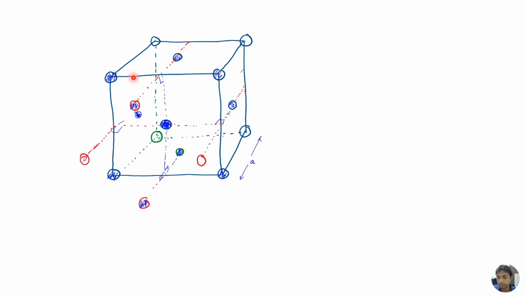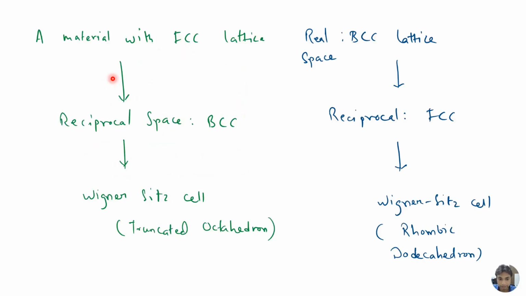We are not specifying what these locations are. They can be reciprocal space lattice points or real space lattice points. When we say real space lattice points, these will be the coordinates of some real atoms. You're getting me? That's the idea.